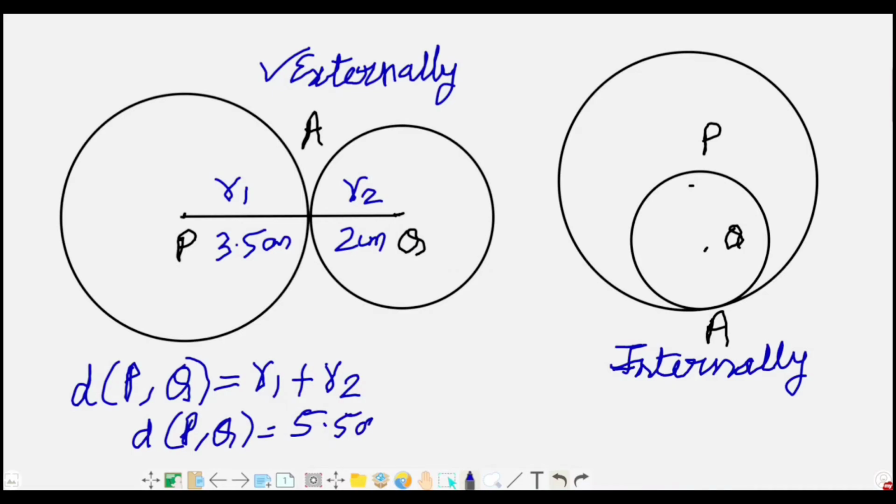the distance between their centers is 5.5 centimeters. But when you look at this figure, when you join PA, then your full PA is R1, correct? The radius of the larger one, and the radius of this smaller one is R2.